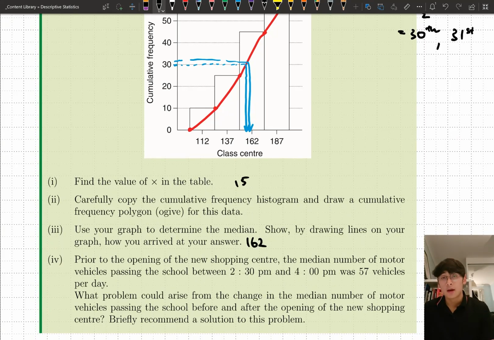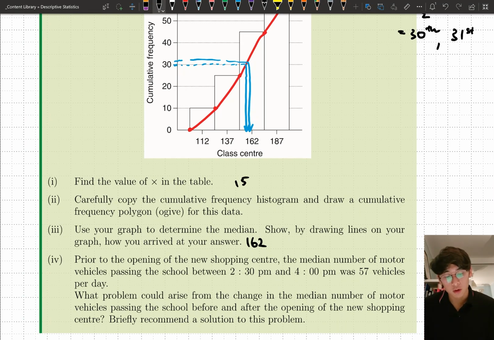Okay. Now part 4. Part 4 is the one that requires you to do some reasoning. Prior to the opening of the new shopping center, the median number of motor vehicles passing the school between 2:30 and 4 was 57 vehicles per day. What problem could arise from the change in the median number of motor vehicles passing the school before and after opening the new shopping center? Briefly recommend a solution. This one doesn't require too much mathematics, just a bit of logic.